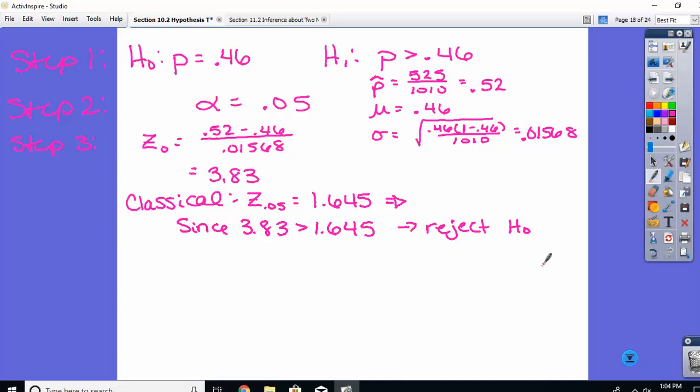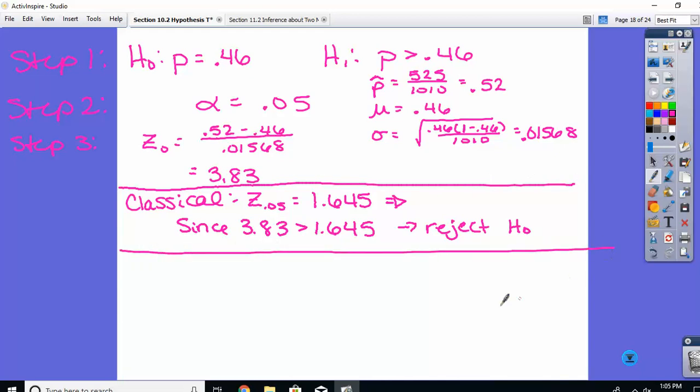So why would we reject that? Because they said it was supposed to be bigger, and it was. If it was a different way, like they said it was going to be less than that, it would be different. So basically, at the 0.05 level, we found that 95% of the data should be at 1.645 or below. We got something bigger than that, so it's outside that window, so we reject.